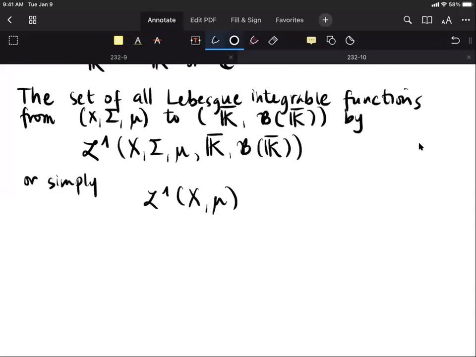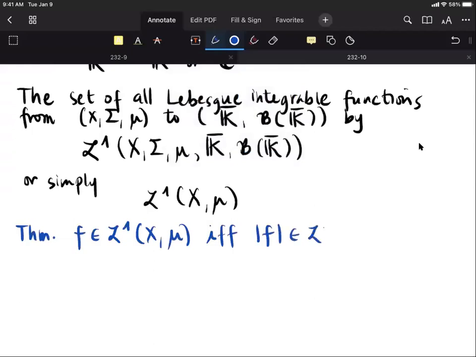Our first observation is the following theorem. First, f is integrable if and only if the absolute value, or the modulus in the case of complex valued functions, is integrable.